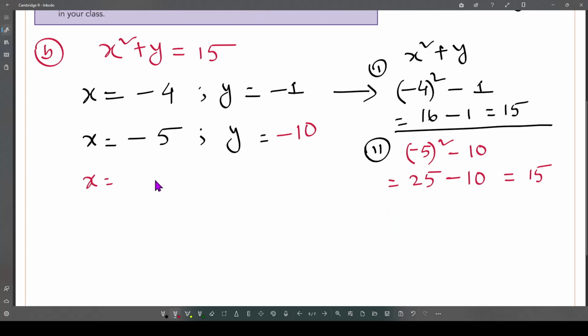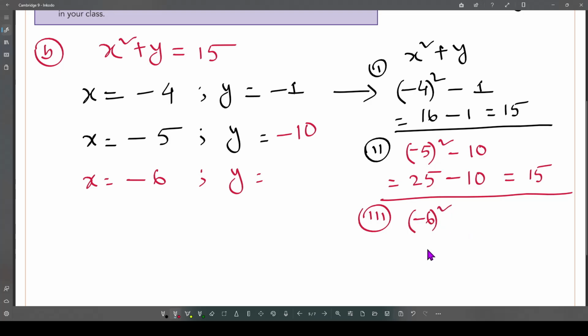Again x equals minus 6. So y equals what? Number 3. x equals minus 6. It means minus 6 square, so it should be 36. But we need what? To make 15. So here minus 21.